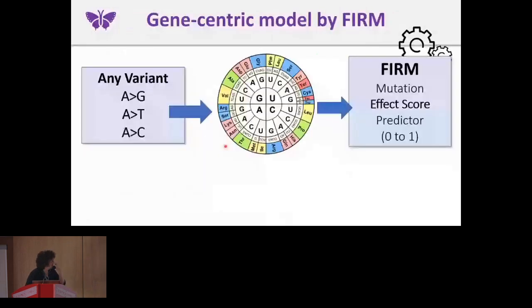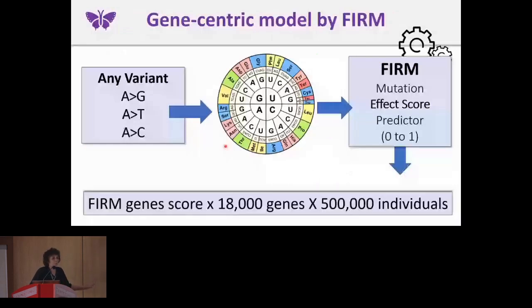So just to show you, we take a variant, go through the inference, get a score from FIRM, and now we have the data to start with, which is 18,000 genes or 20,000 genes for 500,000 people in the biobank. So that's what we do. And the second part is really just to show you that we do the aggregation from the FIRM, and the aggregation I already mentioned through the dominant or recessive aspect. And I think in this scheme, you can understand what's the dominant and the recessive, namely, yes.